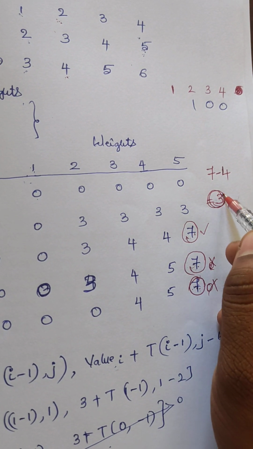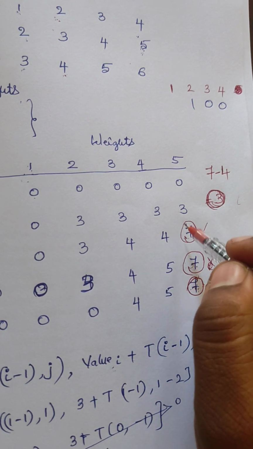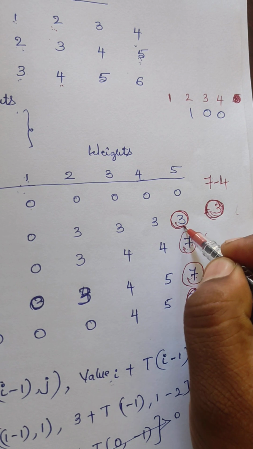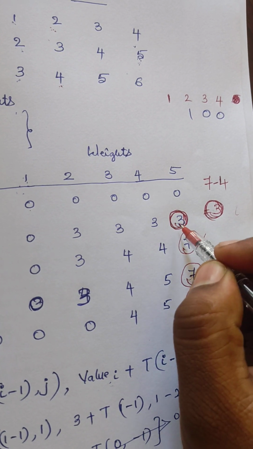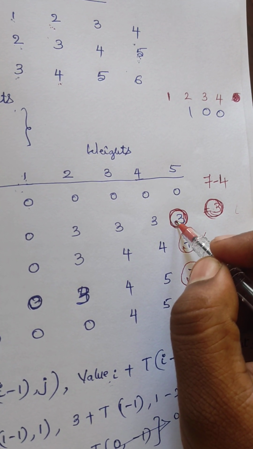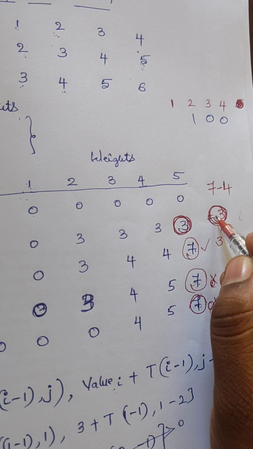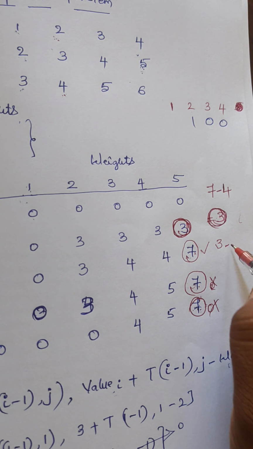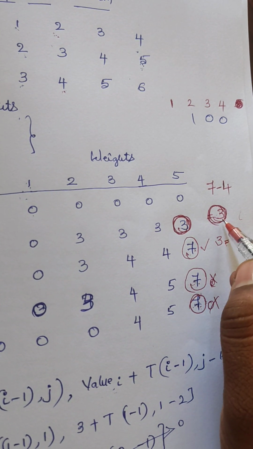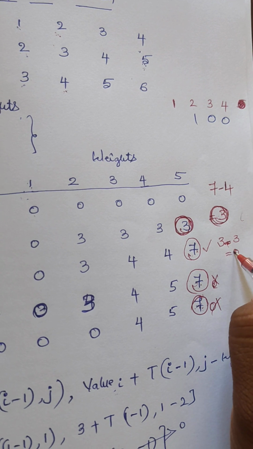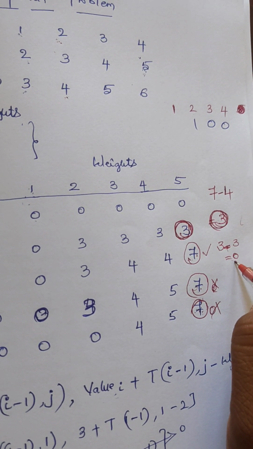So for this profit of 3 we need to check the previous step. When you observe this one, we already have 3. So one value already has 3. Clear? So it should be 3 minus 3, because the actual profit is 3. So 3 minus 3 is equal to 0. So every profit has been considered.